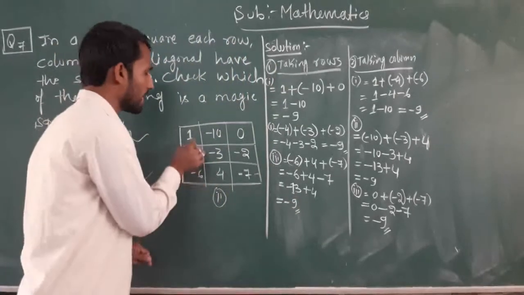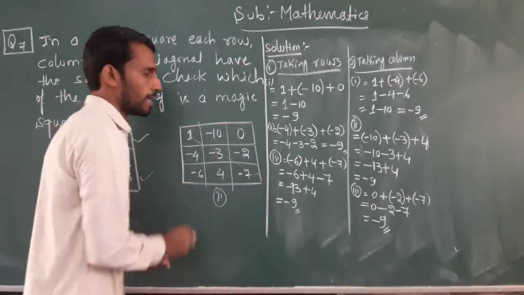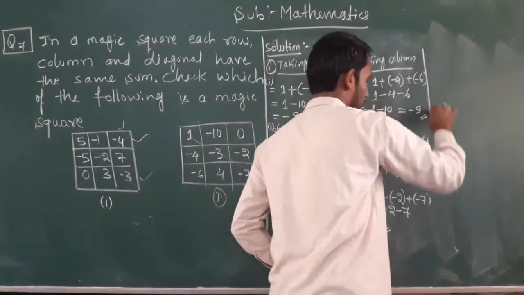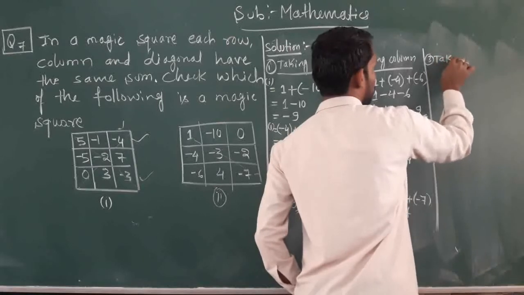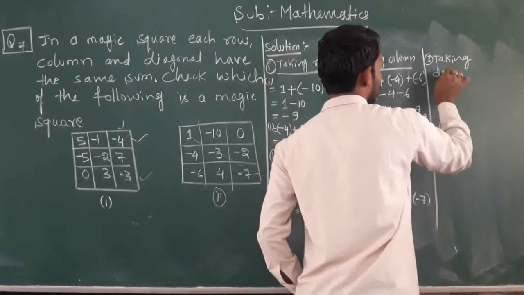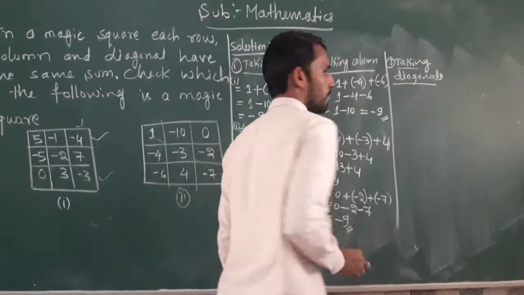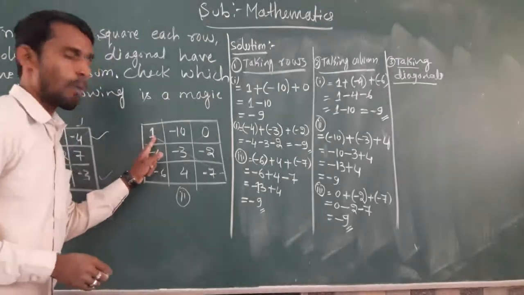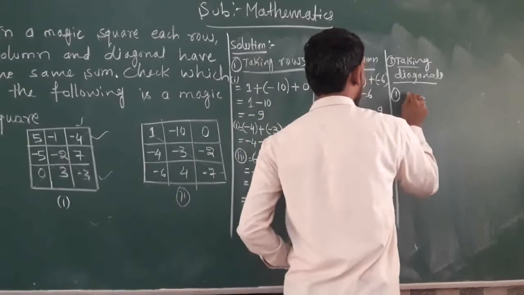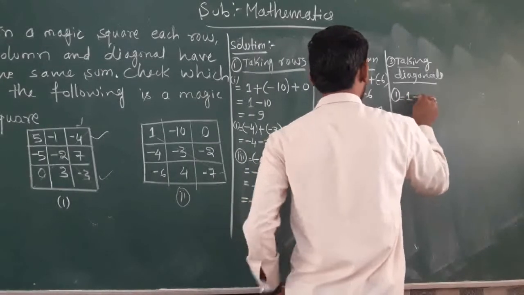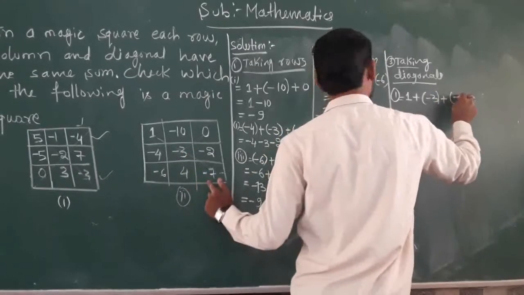Next we have to take the diagonals. I am taking this diagonal and this one. Taking diagonals. First I am taking 1, minus 3, minus 7: 1 plus in the bracket minus 3 plus in the bracket minus 7.